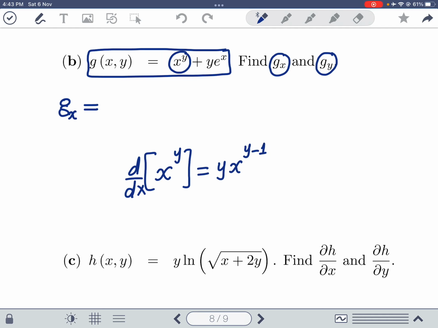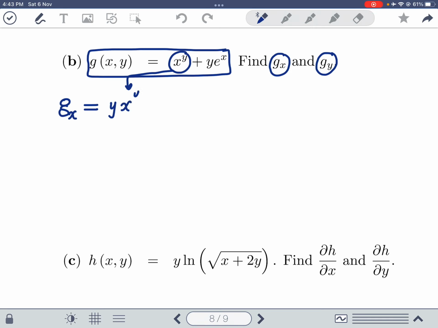Because with respect to x, this is a regular power function. It's not an exponential function. So the derivative is just the power rule: bring the power down and subtract 1 from the power. So the derivative of this with respect to x is y x to the y minus 1.